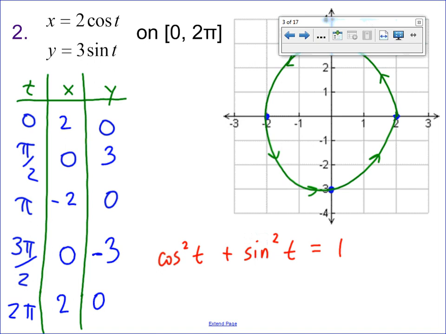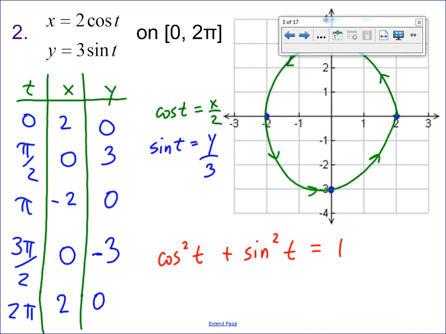And if x equals 2 cosine t, then cosine of t must equal x over 2. So it looks like cosine of t equals x over 2, and sine of t equals y over 3.